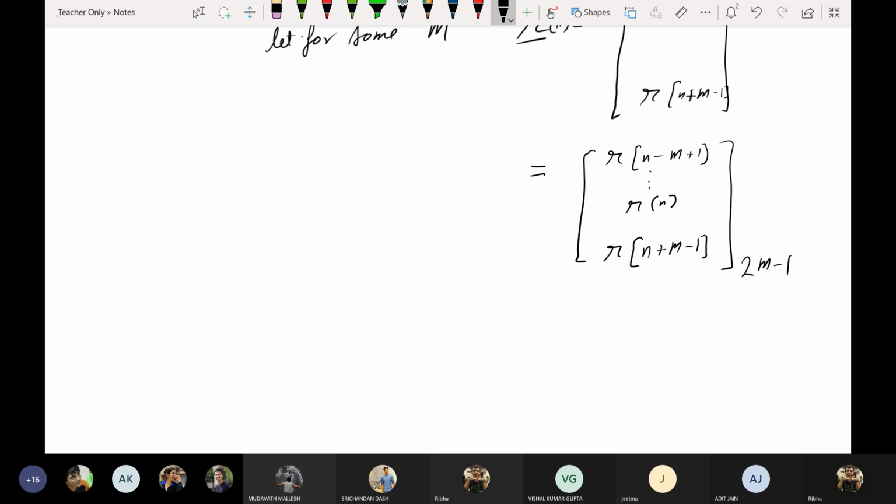So it contains the m minus 1 past values and m minus 1 future values.